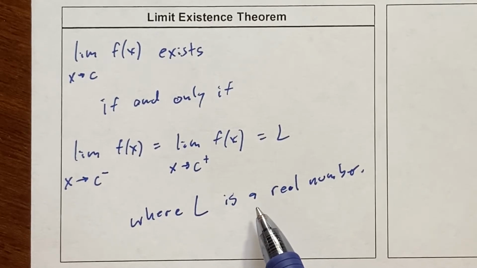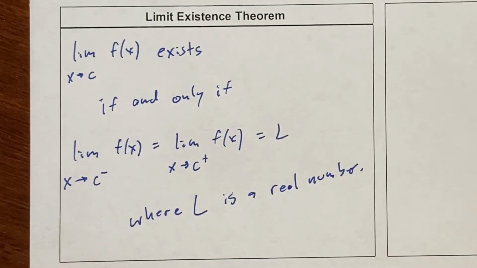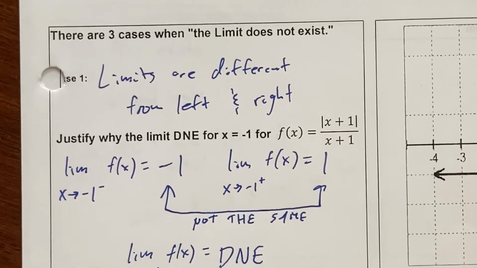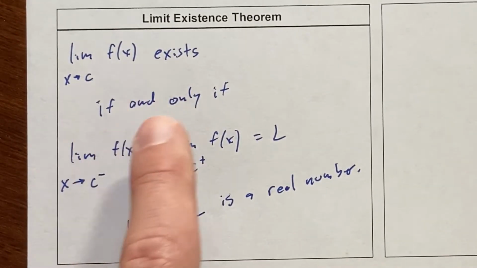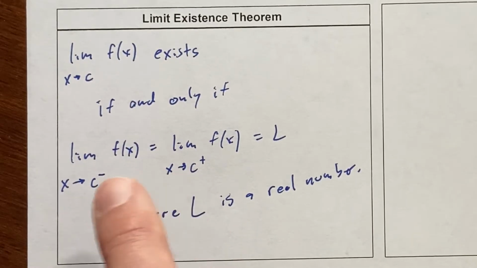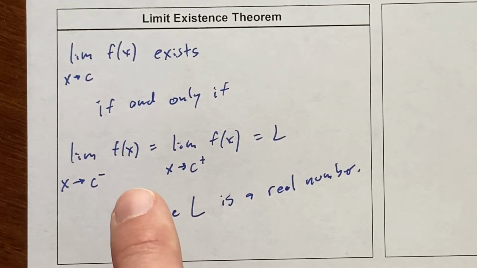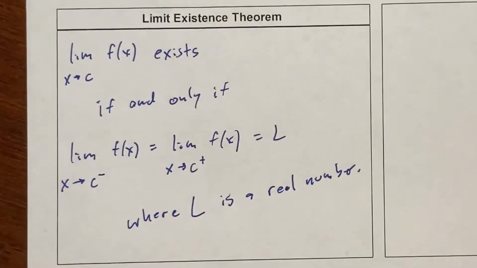Okay, so on the other side, we said limits are different, left and right. We've got that. The limit is going to be equal to a number as long as left and right are equal. And then we took the third one and said it's got to go to a real number here. Okay? Limit existence theorem.